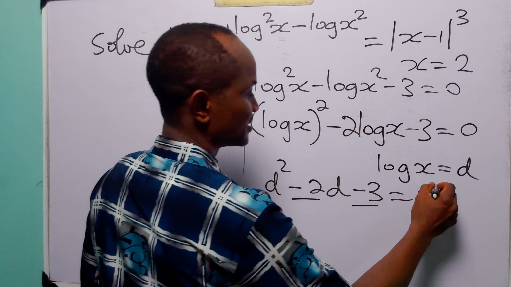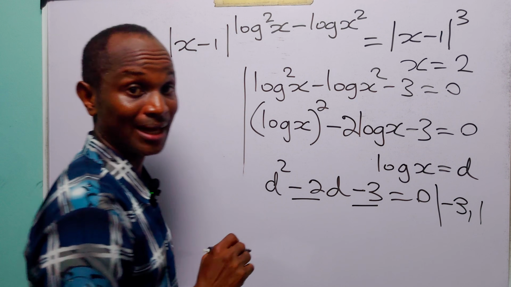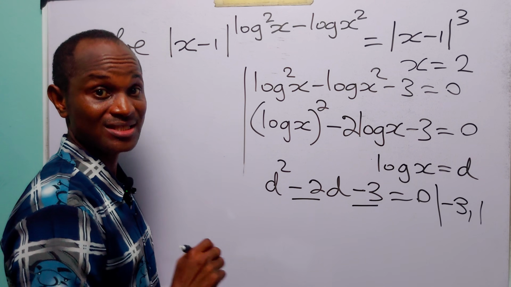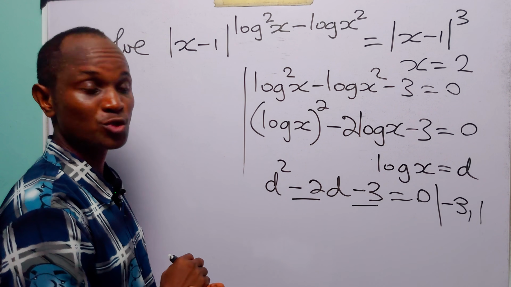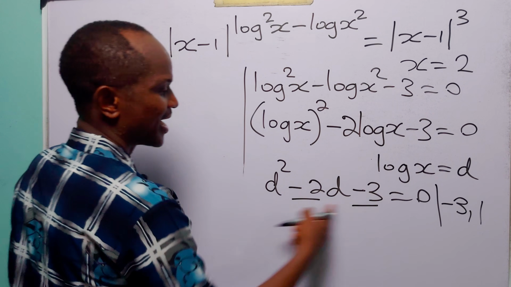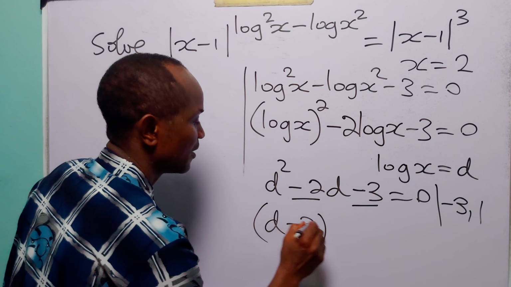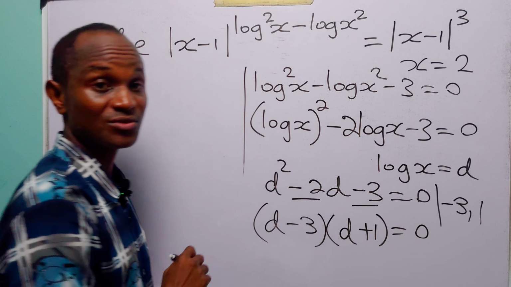And of course, these are going to be minus 3 and 1 because minus 3 times 1 is going to give us minus 3, while minus 3 plus 1 is going to give us minus 2. So we can factorize this left-hand side as d minus 3 multiplied by d plus 1 is equal to 0.